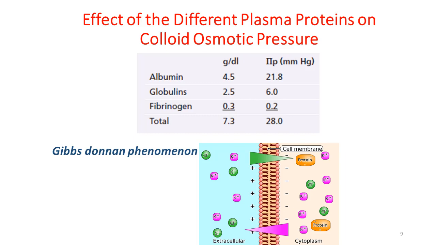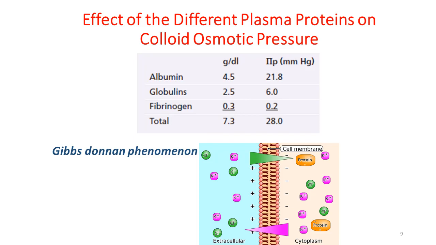So why is there a difference? Why in the body do these three proteins produce 28 millimeters of mercury colloid osmotic pressure, but in the laboratory the summation of these three proteins produces 19 millimeters of mercury?